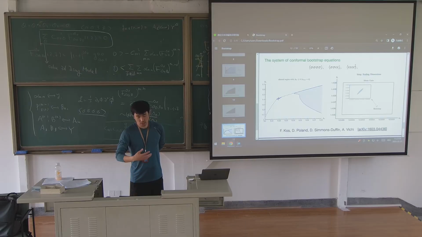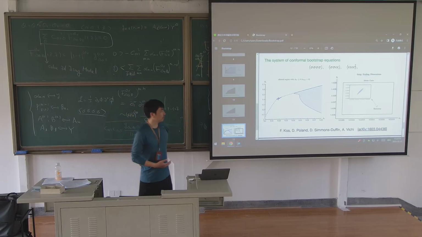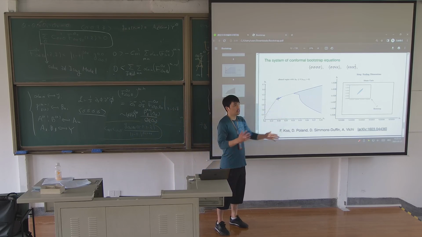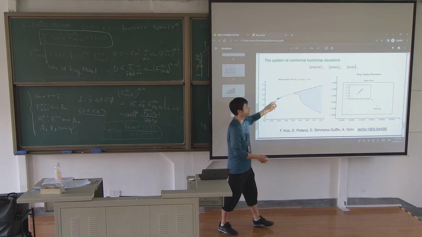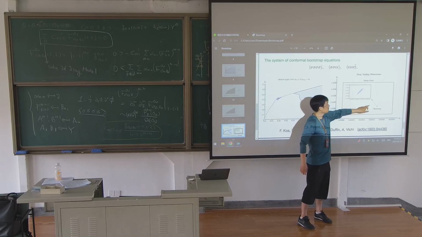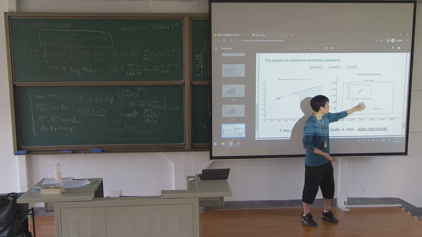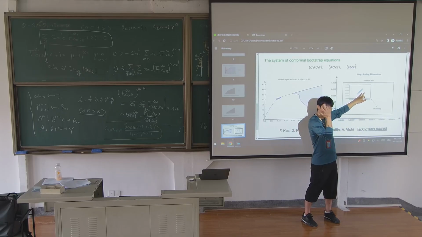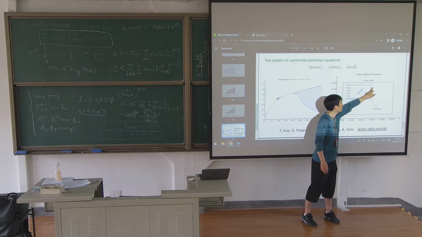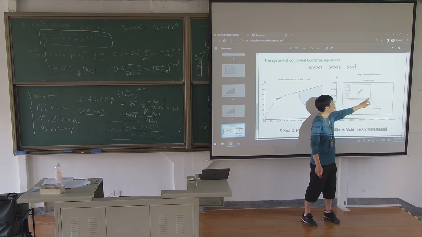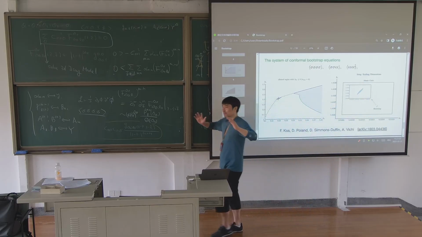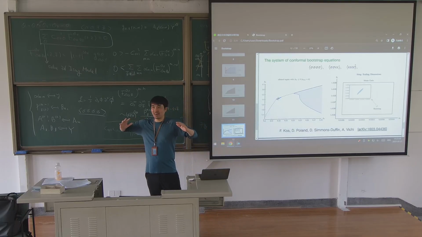And then you can solve the bootstrap equation to many higher orders. In fact, the bootstrap equation gives you a more restricted result than the Monte Carlo simulation. The Monte Carlo simulation can give this kind of constraint, but the bootstrap equation can narrow the constraint. So the bootstrap equation makes the island smaller.